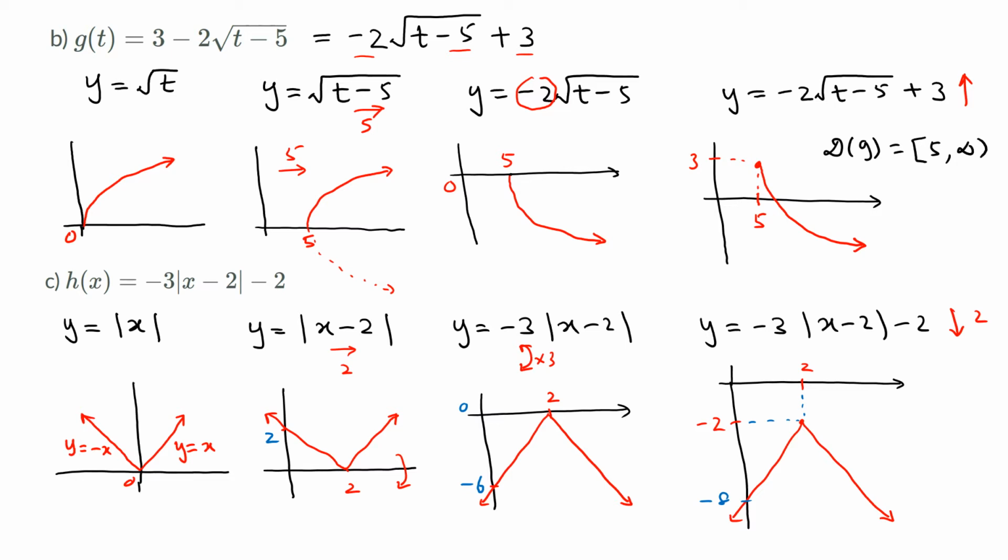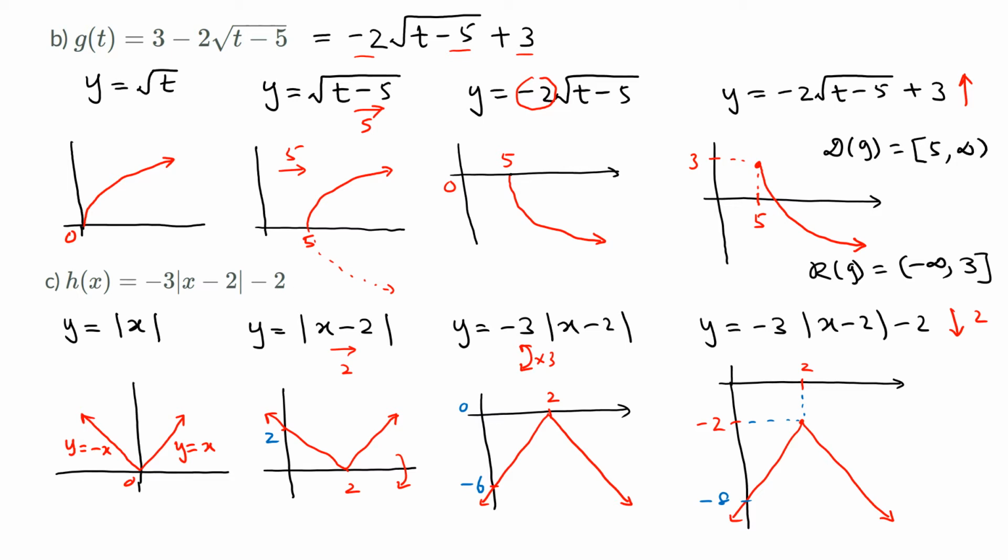You can see it's going to go to -infinity, and the highest point that you can get is 3. So the range of G is from -infinity up to 3. Good. And see how in the domain you write the infinity at the end. In the range you write the -infinity first. Okay, because that's how it's going to grow.